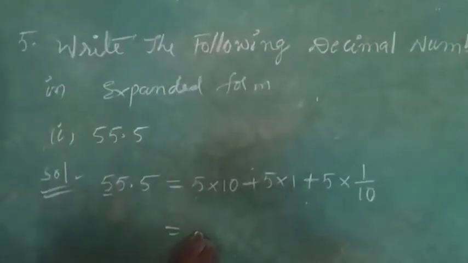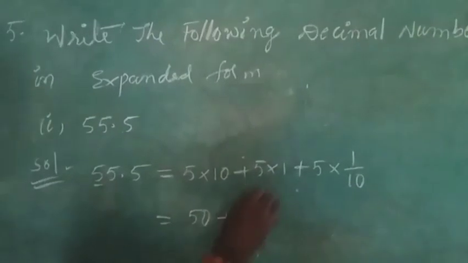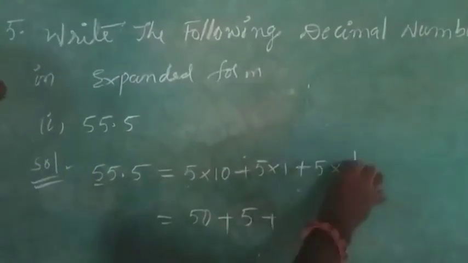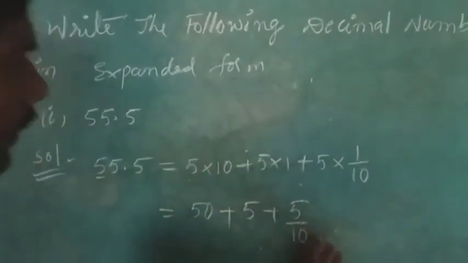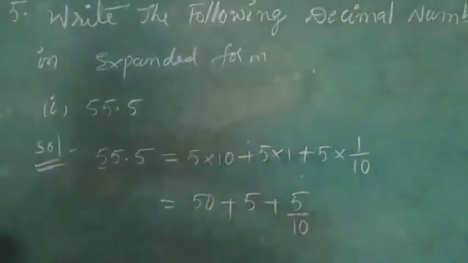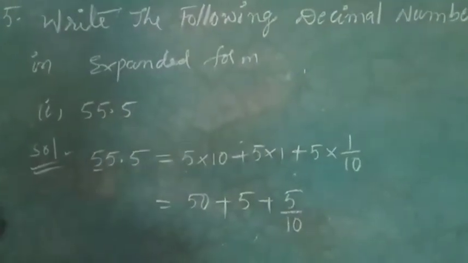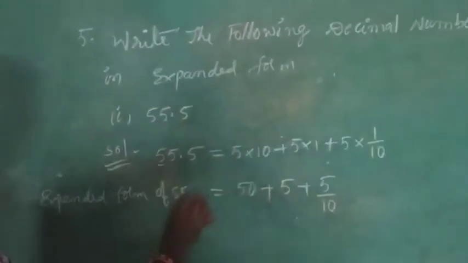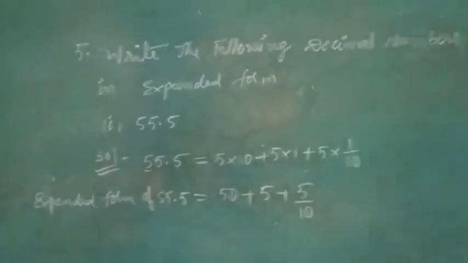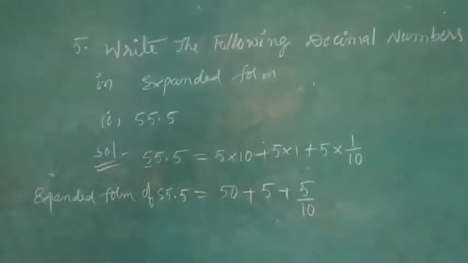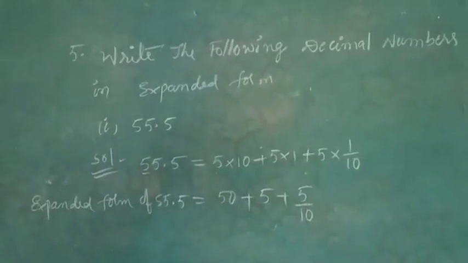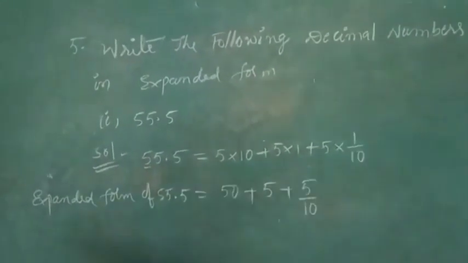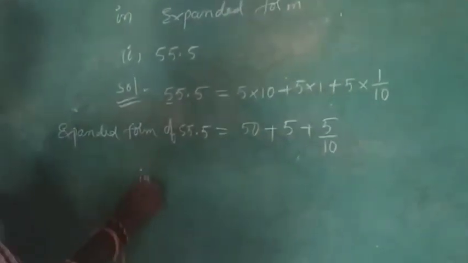So 5 tens are 50, plus 5 ones are 5, plus 5 by 10. This is the expanded form of 55.5. Right? Now I would like to explain the third one. What's the third one?